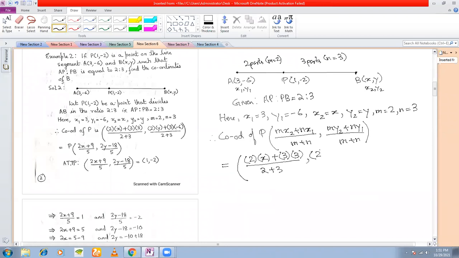Next, m y2, y2 here is y, plus n y1, minus 6, divided by 2 plus 3. So this is the coordinates of P. Simplify this.